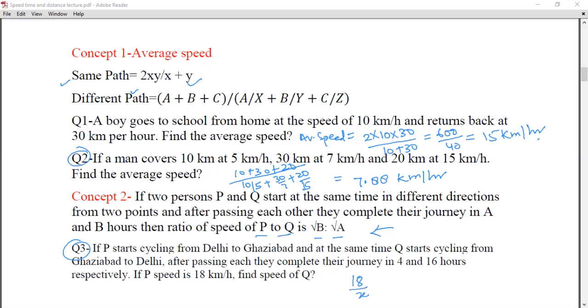We can take the speed of Q as x, equal to root of B over root of A, where B is 16 and A is 4. If we solve this, the value of x will come out as 9 kilometer per hour.